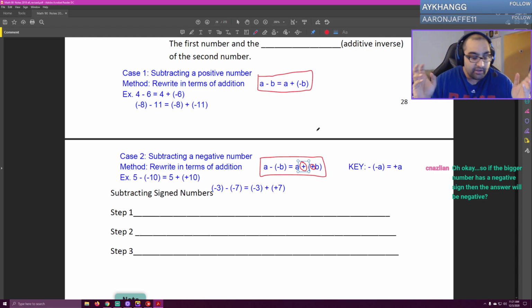Okay, the bigger number is negative, so my final answer has to be negative if I'm adding two things together. If I put subtraction in terms of addition, then it's a lot easier for me to do it in my head, or when I write it out, to get to that correct final answer. So I try to break it down into something easier, something we can apply in this context, that's a lot easier to think about.